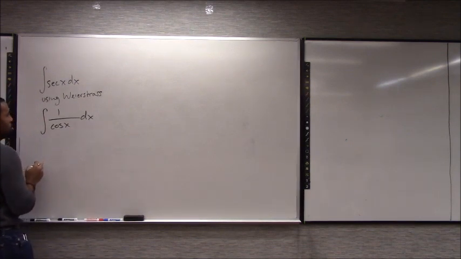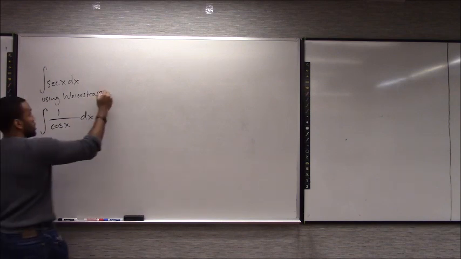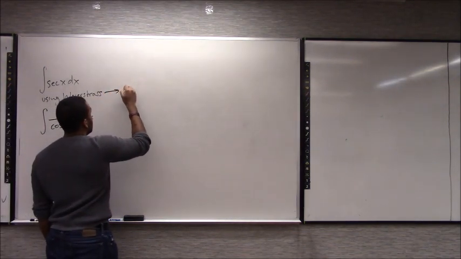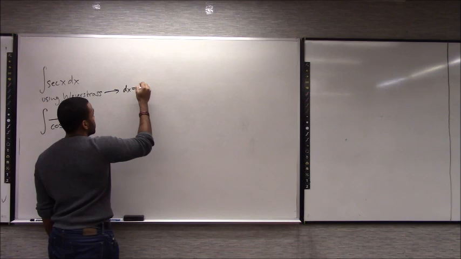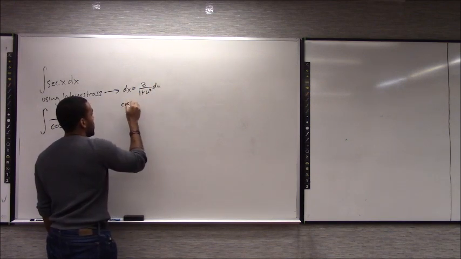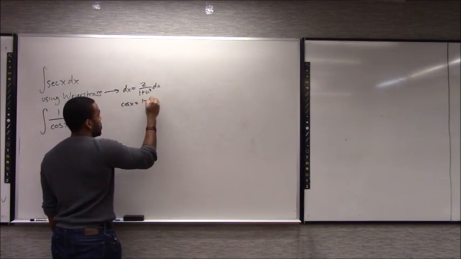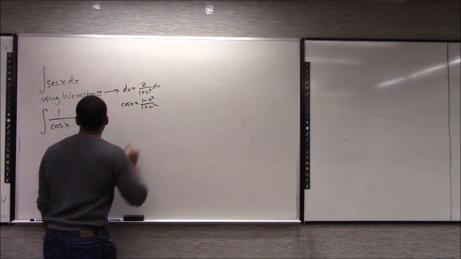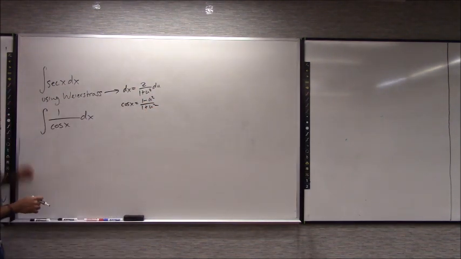Right. So, remember in Weierstrass, our dx is going to become what? dx is 2 over 1 plus u squared du. And our cosine of x would be 1 minus u squared over 1 plus u squared. So with those substitutions, I'm going to plug these in.